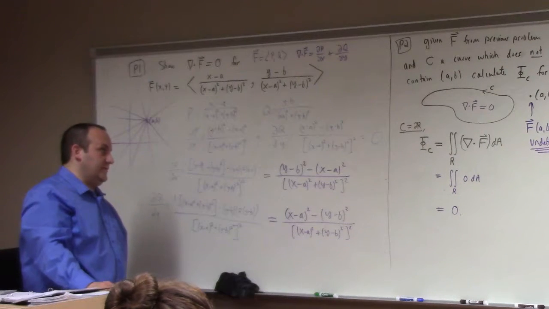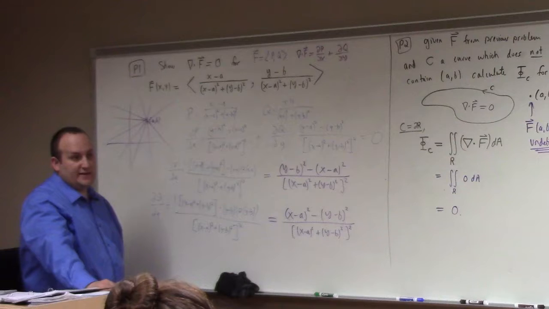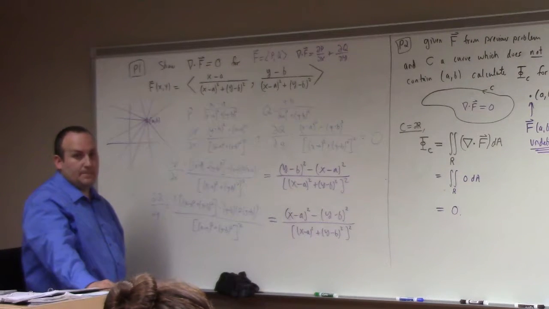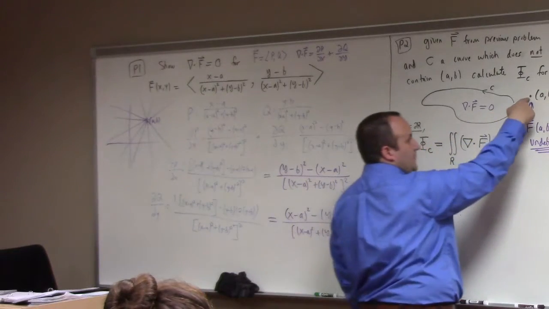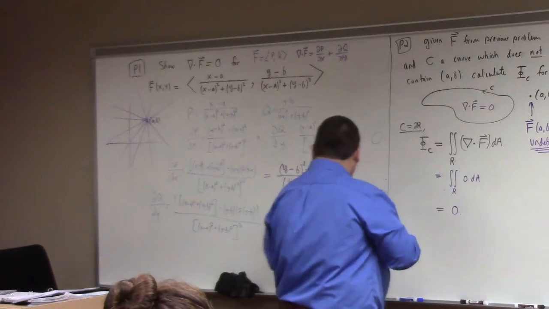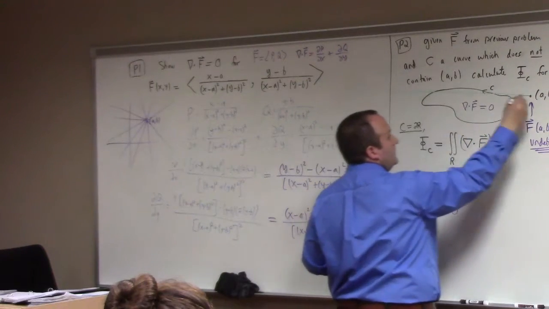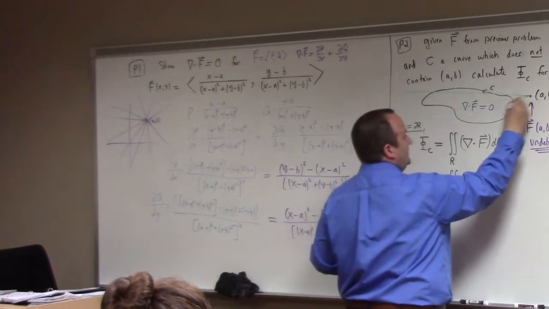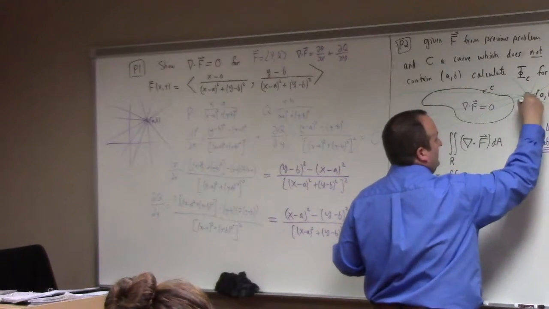All right, so then problem 2 was to discuss what's the flux of this vector field through any curve which does not contain that singularity. Whatever the curve looks like, if this is (a, b), you can envision the field lines like so. They fan out from here, symmetrically.